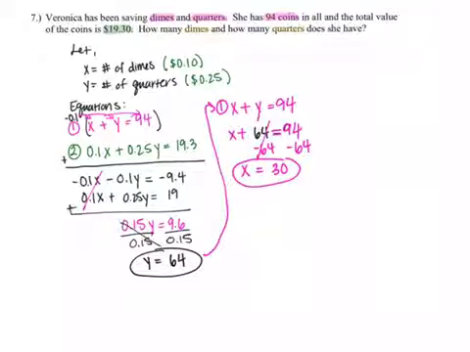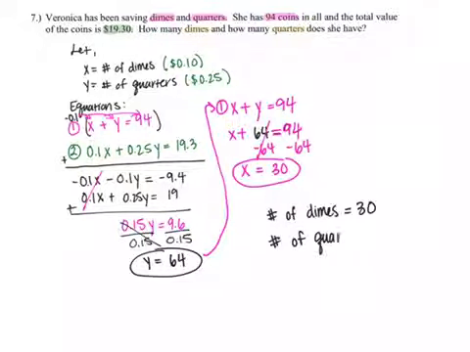So putting this all together, we know that the number of dimes is equal to 30. So you have 30 dimes, and I'm sorry, not 25 quarters, 64 quarters, because that's what our y ended up being.